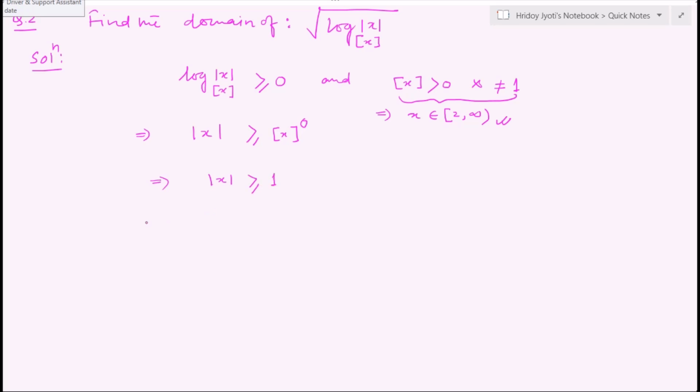That means x has to belong to 1 to infinity, right? So the domain will ultimately be the intersection of A and B. Therefore the domain of f, their intersection, is 2 to infinity. So this will be the answer to this question.